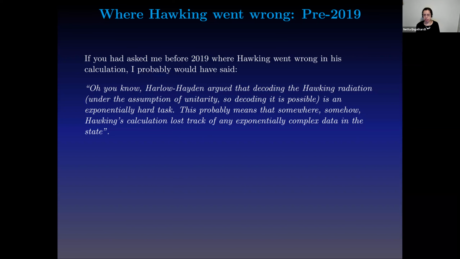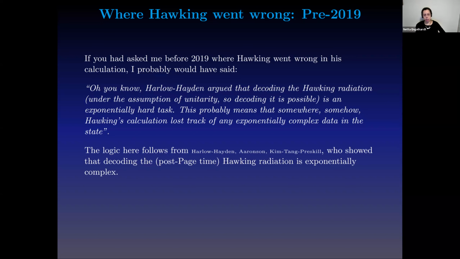And this probably means that somewhere, somehow, Hawking's calculation lost track of any exponentially complex data in the state. Because if you need access to exponential complexity in order to decode the radiation, well, if you don't have access to it, then the radiation looks like it's just not decodable. And well, information appears to be lost. So that's one perspective that I probably would have taken in 2019.